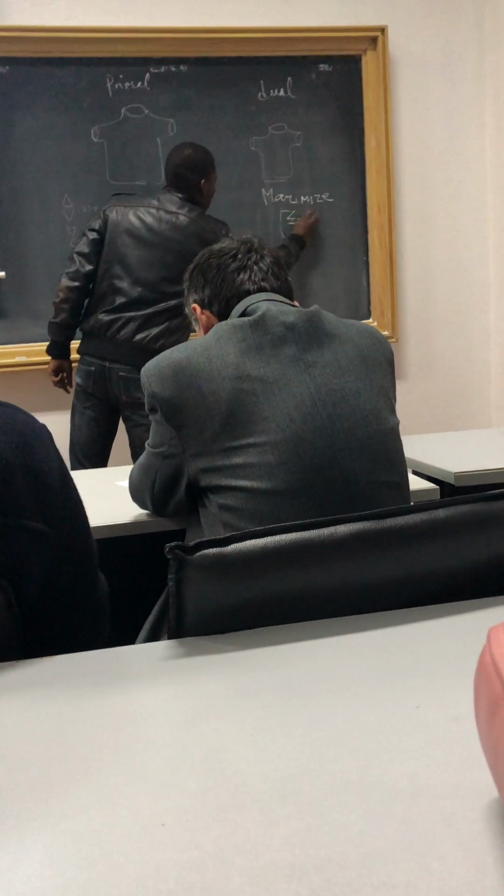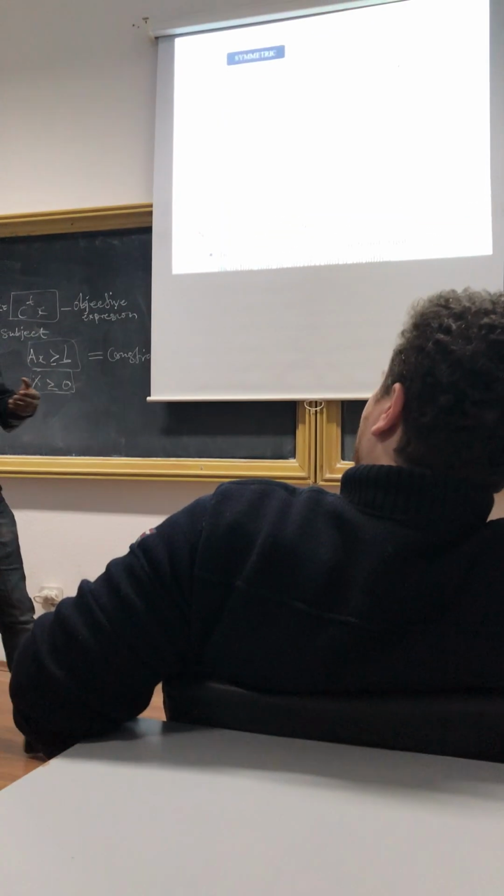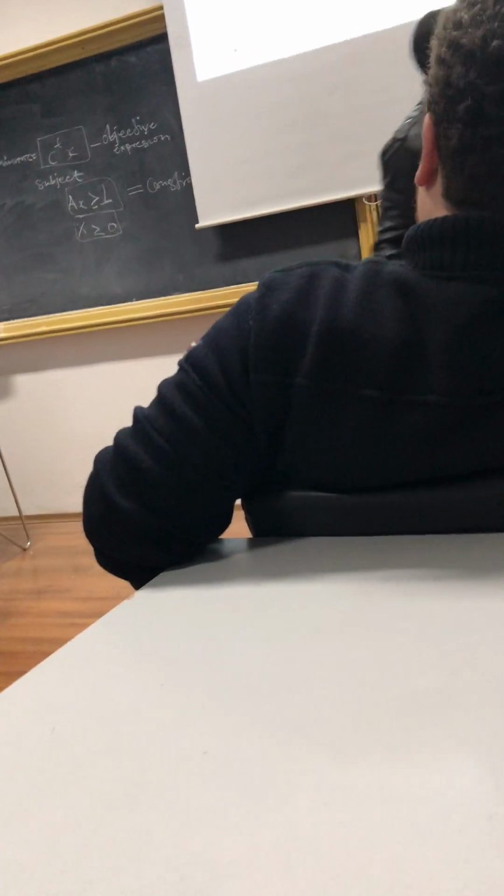So this, we call the non-negative inequalities. So once we go further, we'll be able to see some possessing two different things in primal and also in duality.